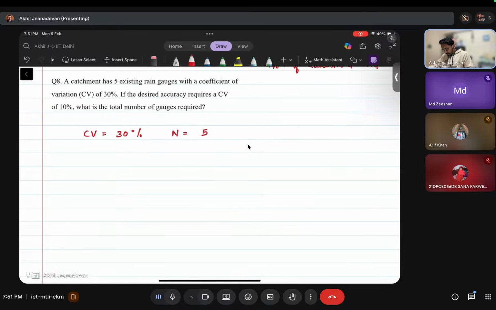It is desired to have a coefficient of variation, CV desired, of 10%. So what is the total number of rain gauges required?